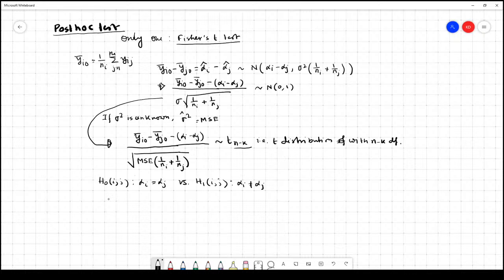For this our test statistic is t, and under H0 this test statistic follows a T distribution with n minus k degrees of freedom, where n is the total number of observations, and k is the number of groups, which we defined in our previous class.